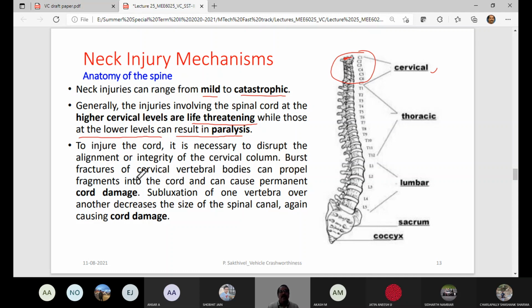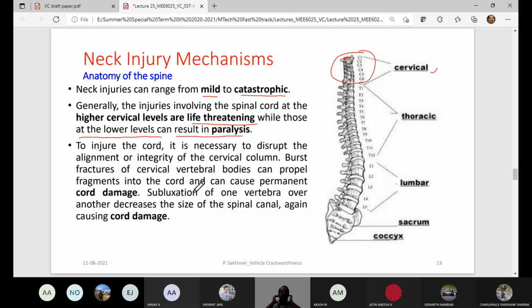So, burst fracture of cervical vertebrae. This is what I was telling. Vertebrae are all these elements. Vertebral bodies can propel fragments into the cord and can cause permanent cord damage. So there can be a fracture here, and that can be permanent damage.